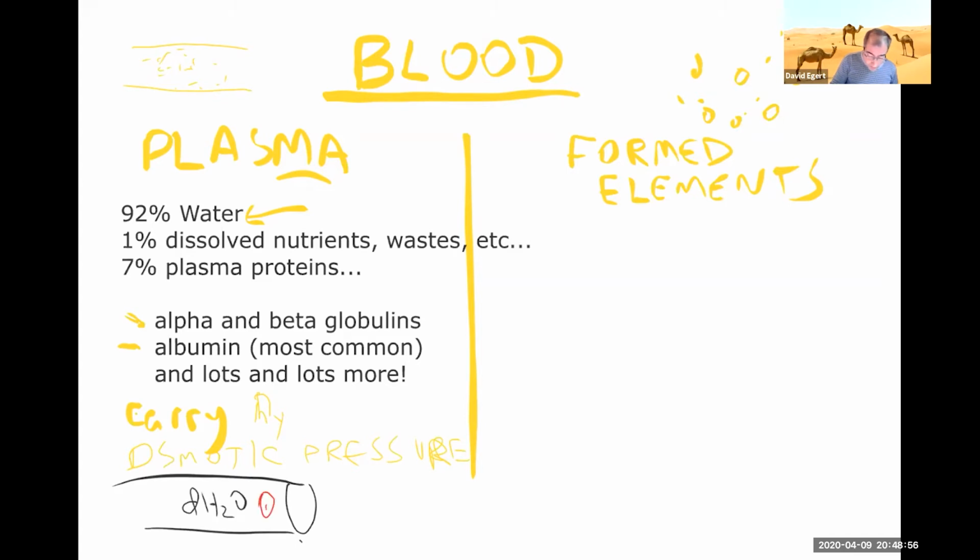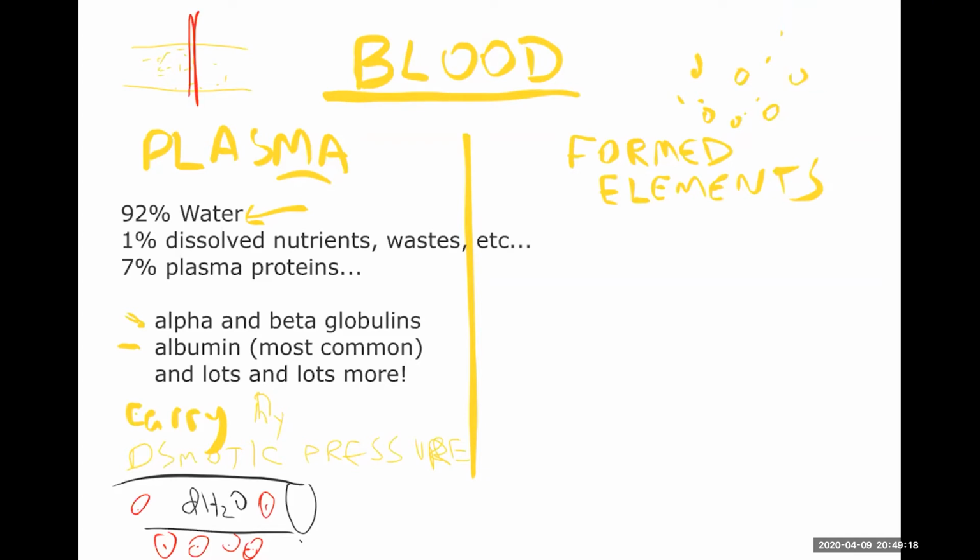And then we had blood cells in there and tissue cells outside. What happens to cells if you put them in just pure water? What does osmosis do? People should remember this from your Bio 110.